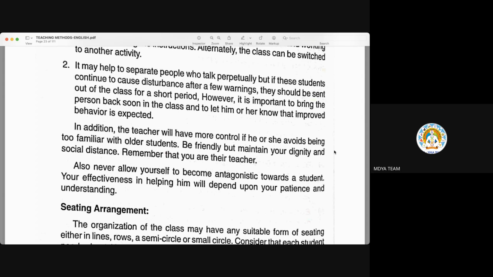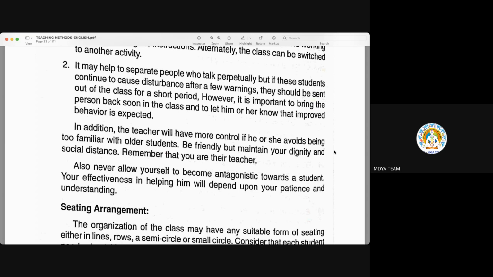So you have to take this into your notice, into your mind, that you have to make them alert in the class, and not disturb others who attend the lecture. In addition, the teacher will have more control if he or she avoids being too familiar with older students.